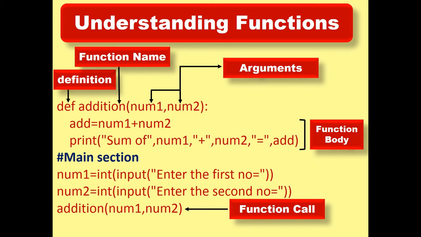This is a function call where the value of num1 is passed from here, that is the main section, to the function argument, and similarly the value of num2 is automatically stored in the num2 variable which is there in the function.